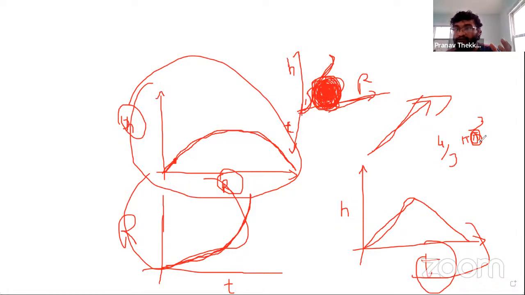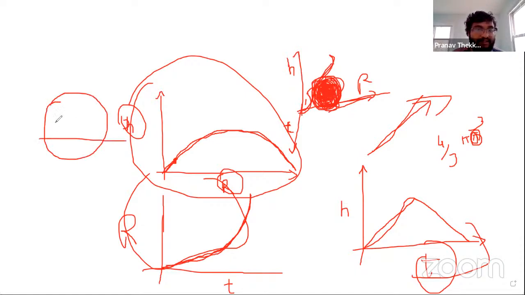Yes. For example, I can cut this ball down into rings. Each ring will have some area, and these areas will be different because the height is different.